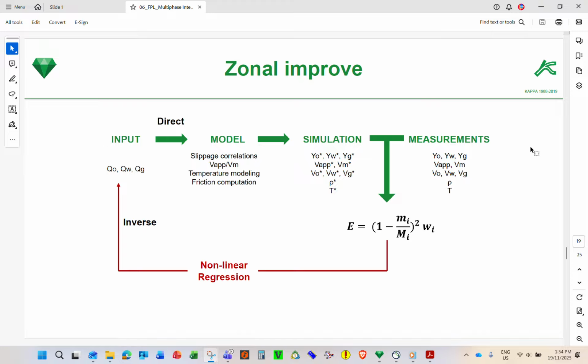You can just do some non-linear regression. So we might change some of the friction, change the PVT, or change the correlation in order to match this to that. Then you do it for each calculation zone at the same time.